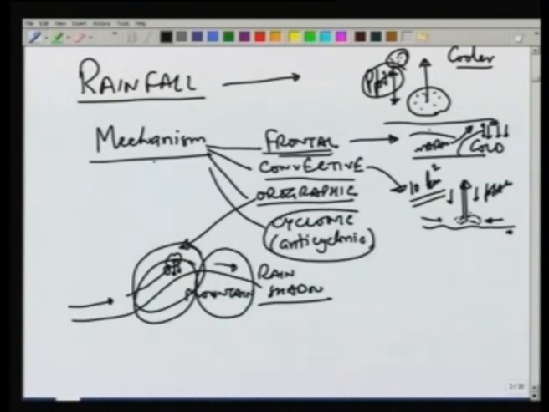Cyclonic and anticyclonic. Cyclonic, this is anti-clockwise wind movement. So, very high speed wind, and anticyclonic has a clockwise motion.